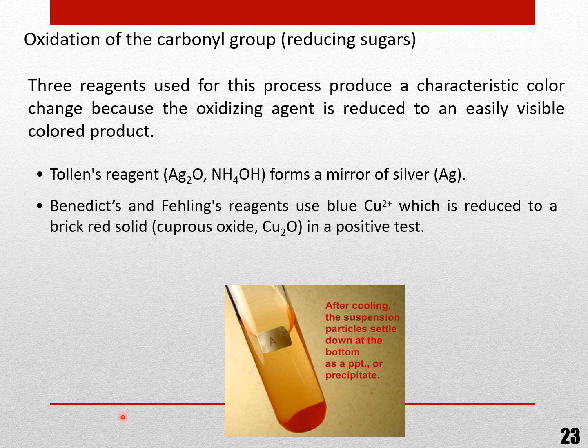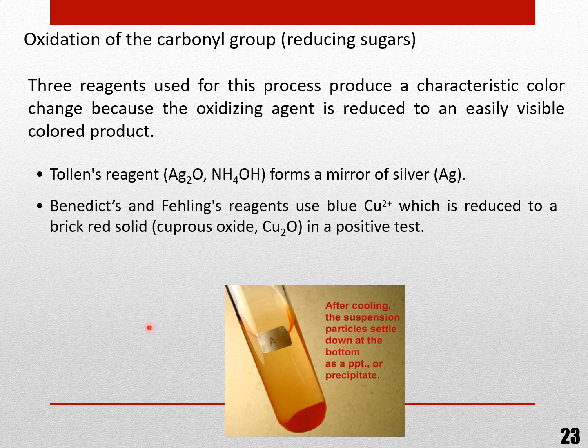We already learned about the mutarotation taking place between the alpha anomer, beta anomer, and also the acyclic structure, which exposes the carbonyl group, and the carbonyl group can serve as a reducing agent.